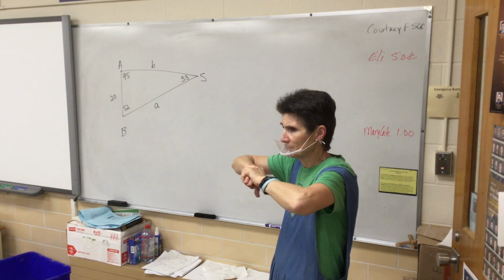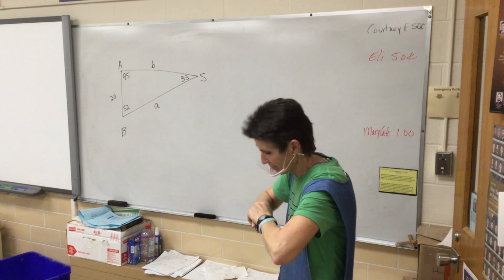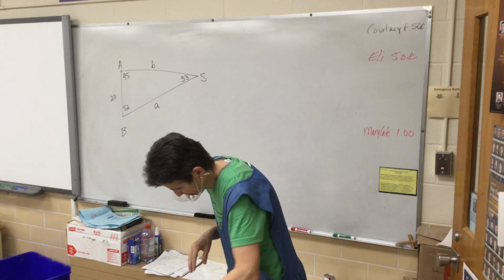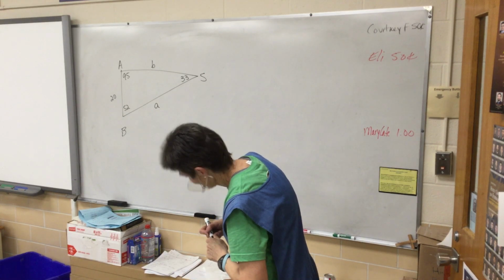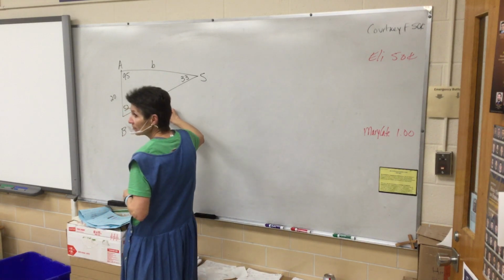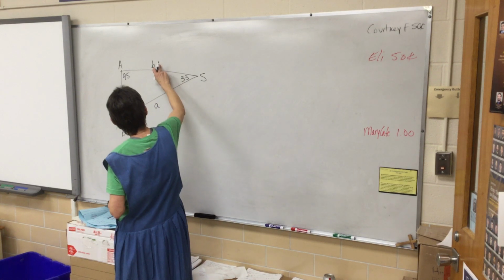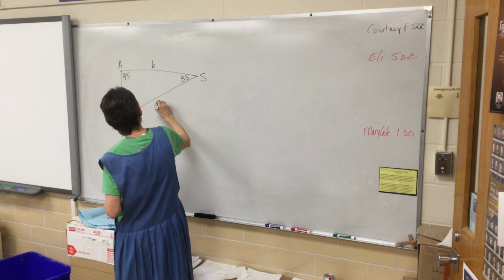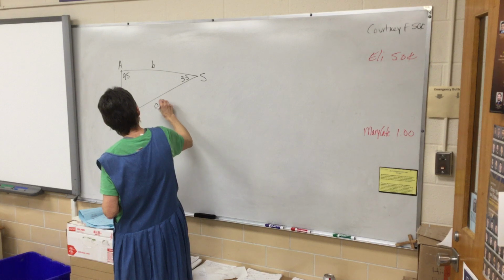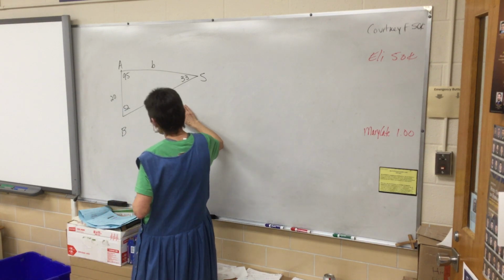Pressure's on. What did you get? For side B, I got 36.58 miles. So that's this one? B, that top one? Yeah, 36.58. I think you may have messed up. No, I like switching my variables around.